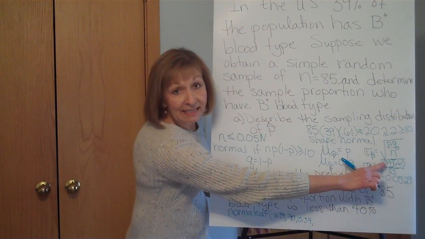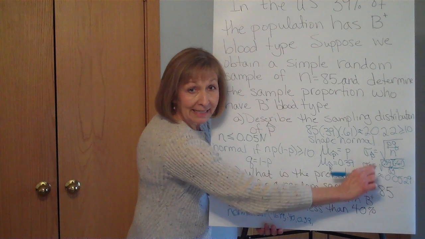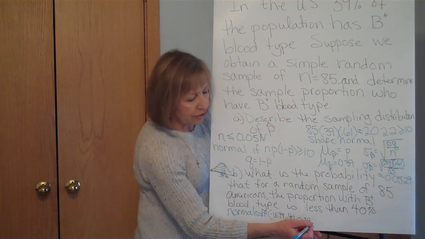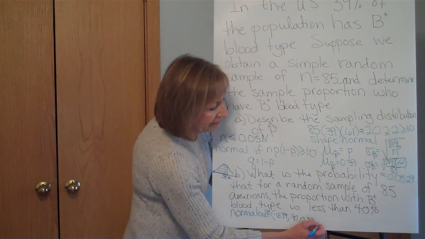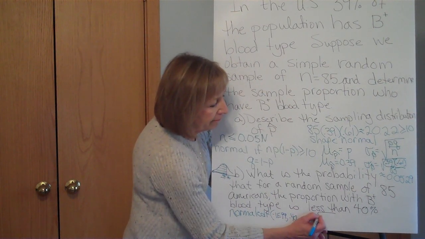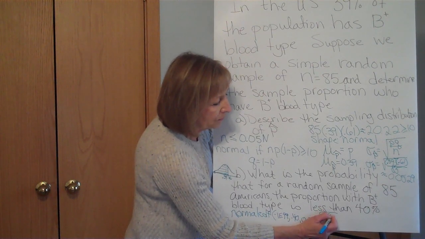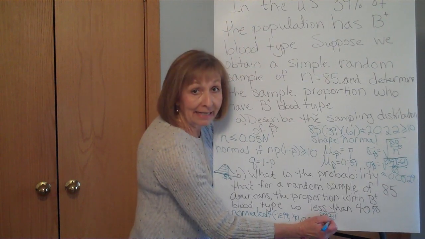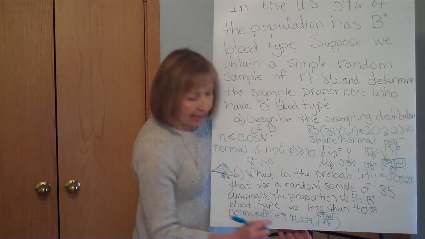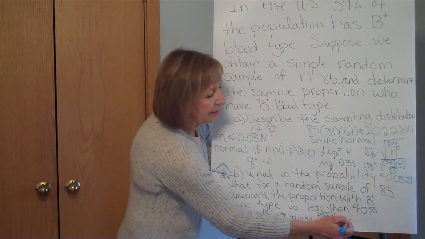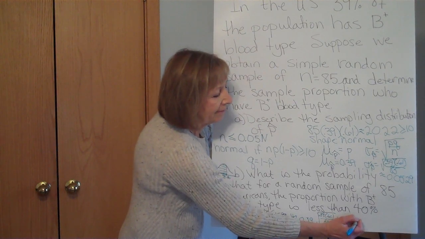And the standard deviation, you can actually key this square root in this last spot so that you get more accuracy from it. So we'll do the square root of 0.39 times 0.61 divided by 85. And when we go through and do that calculation, you get that that's about 0.575.